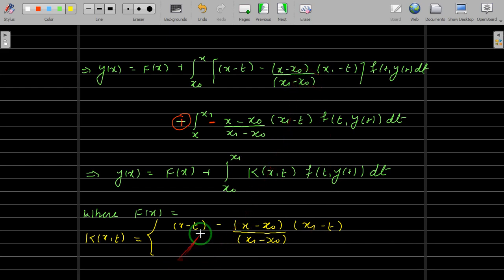Let me write the other one also, that is minus (x1 minus t), and then minus x naught, divided by (x1 minus x naught). That's all. Now as I said, this is your x naught, this is your x1.